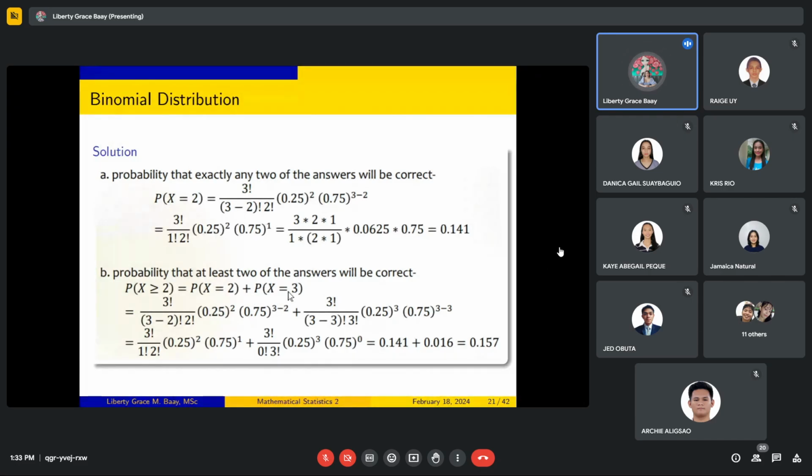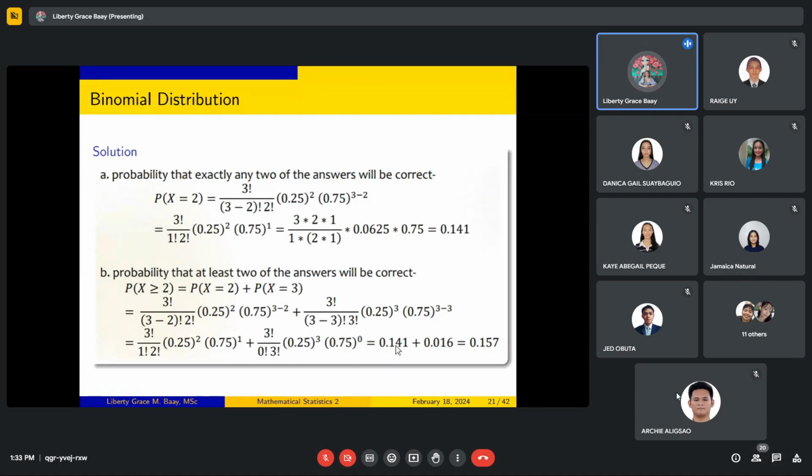Since our n is equal to 3, there is no probability of x equal to 4. Since we already got the value of the probability of x equal to 2, which is 0.141, you can substitute it directly.